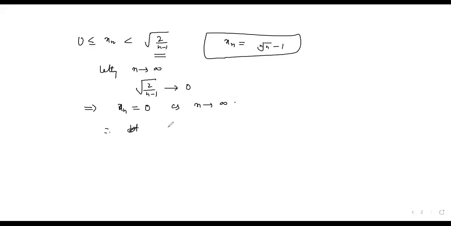So therefore limit, let me write it like this, n raised to power n, which is equal to 1 plus xn, therefore limit n approaches infinity, this thing is equal to limit n approaches infinity, this thing, और xn to 0 बन जाता है. I should write xn approaches.